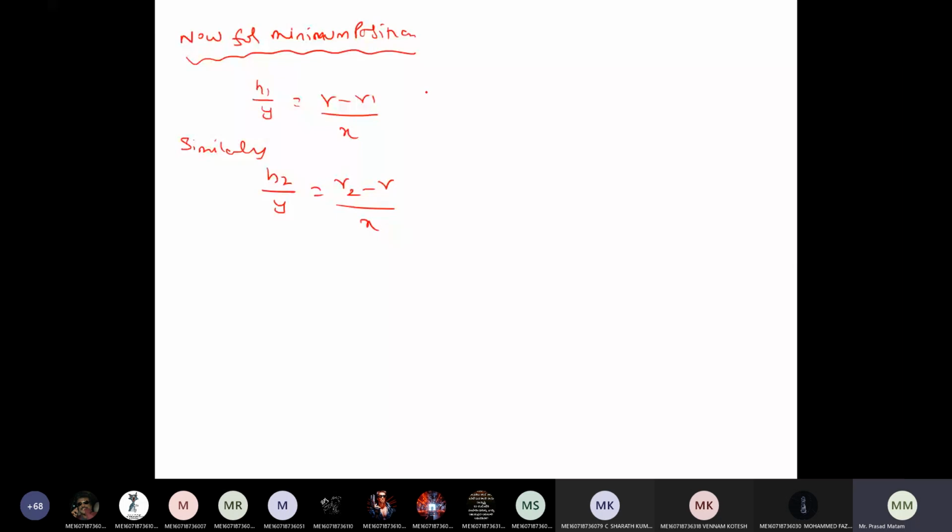On solving these equations, we get r1 is equal to r minus h1 into x by y. From this, r2 is equal to r plus h2 into x by y.